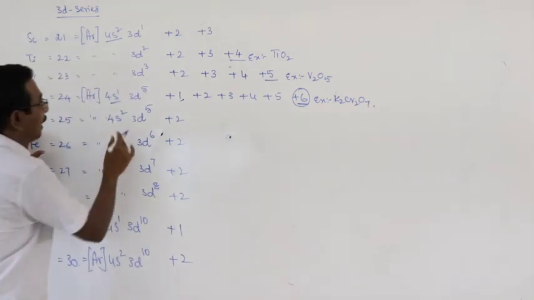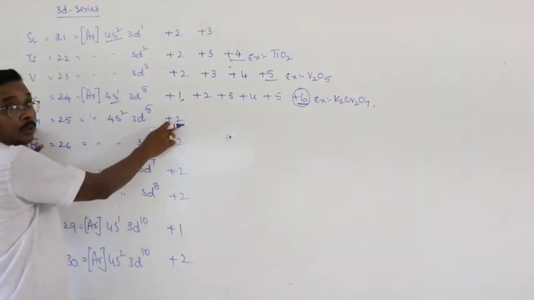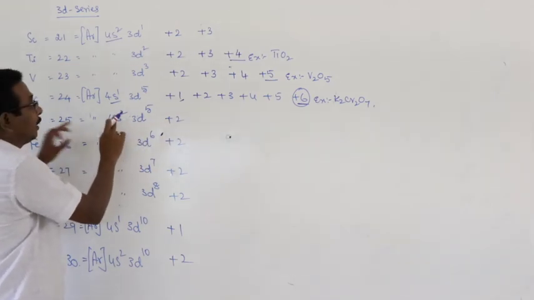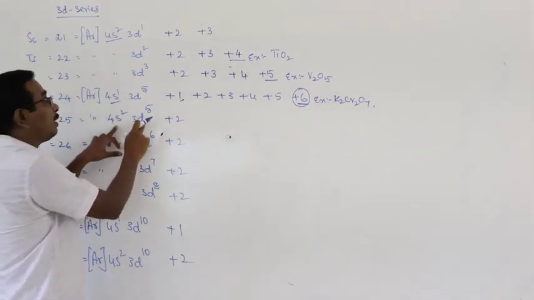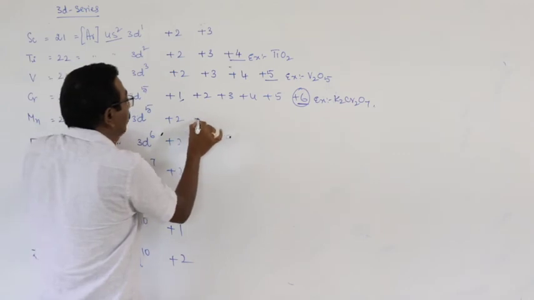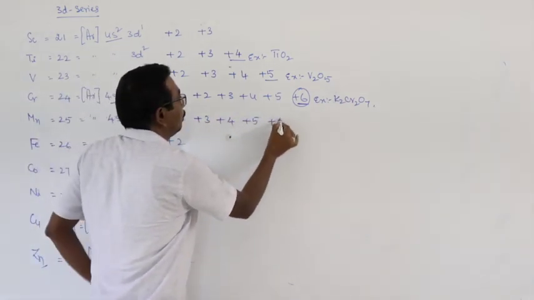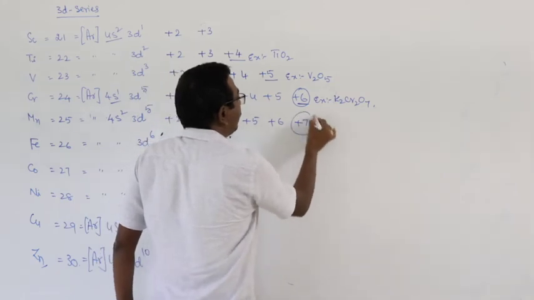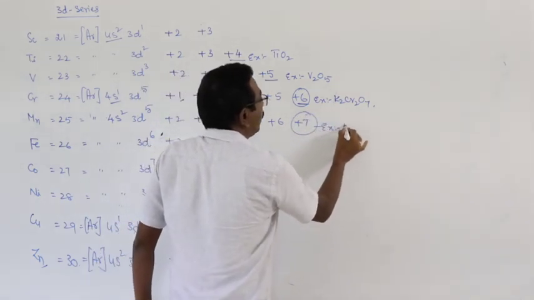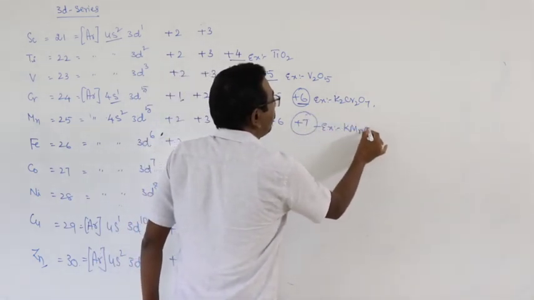And next one, manganese +2 by the loss of 4s electrons. 2 electrons from 4s, 1 electron from 3d, +3, +4, +5, +6 and +7. Here example, potassium permanganate.